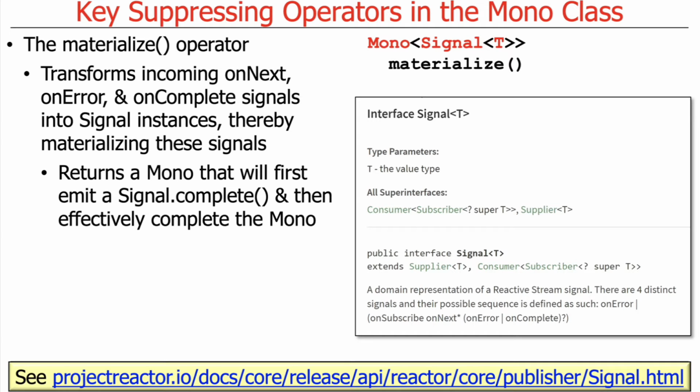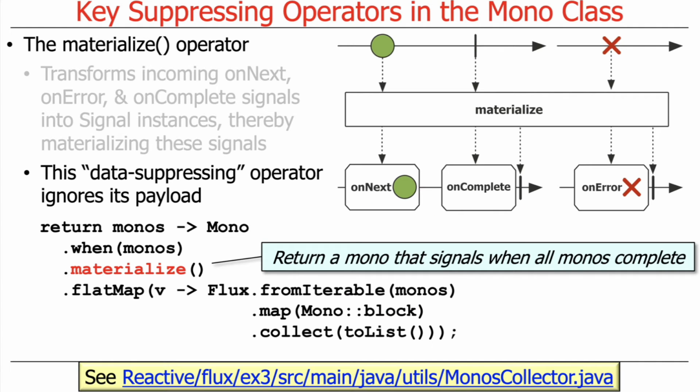What materialize returns is a Mono that will first emit a signal complete, indicating we're done, which effectively completes the Mono. It says we're finished, the computations are done. This particular data suppressing operator just ignores its payload.